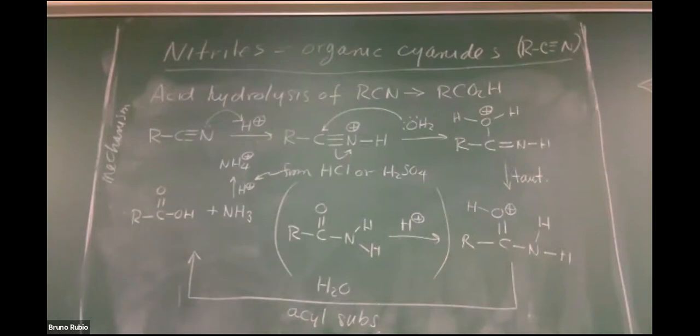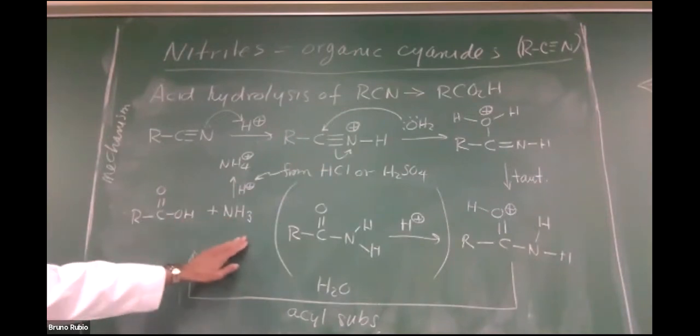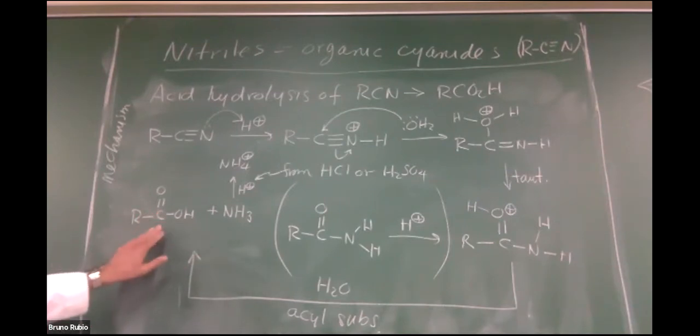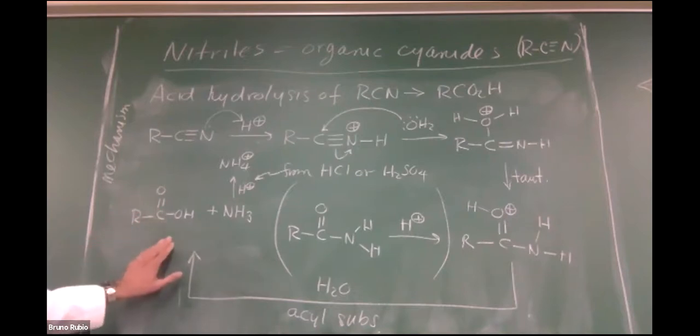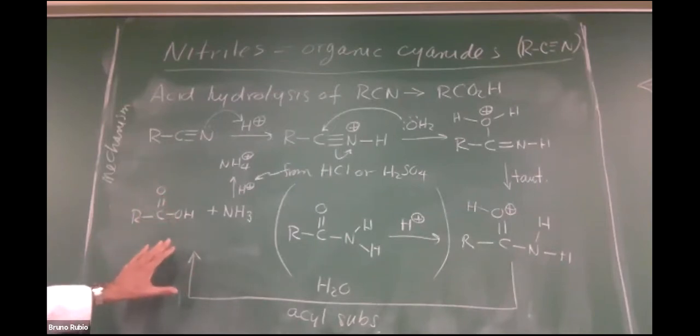So I hope you understand what I'm trying to get to here. That's a base. This is an acid. If they are just left to their own devices, they're going to have an acid-base reaction that is going to destroy this carboxylic acid. We don't want this carboxylic acid destroyed. We're trying to use the Strecker synthesis. We're trying to create a carboxylic acid.